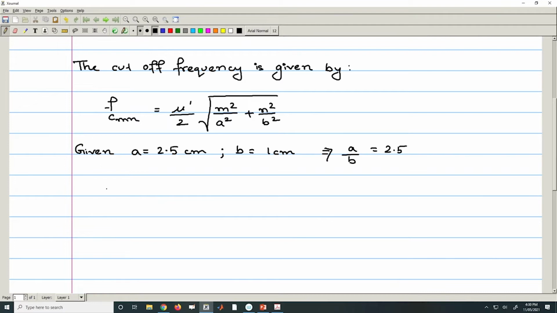Now, u prime is given by 1 upon root over of epsilon mu, that is equal to c upon root over of mu r epsilon r, where c is the speed of light. So, in this case it is c upon 2.